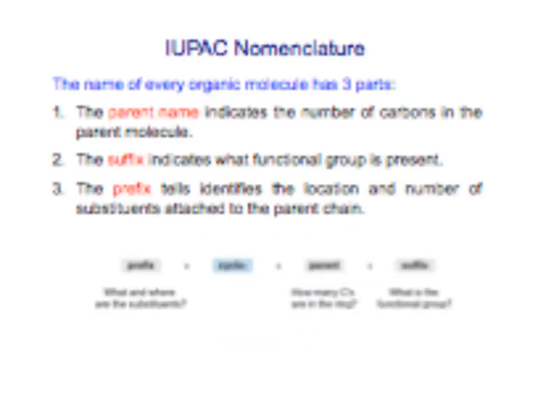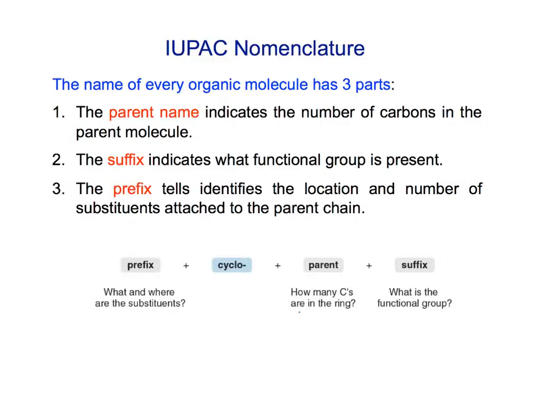As far as the general name layout, we're going to follow just like we did for alkanes. The only difference is that for the parent, we have the number of carbons, and we're adding cyclo onto that parent. Otherwise, we'll still have ane as the suffix for a hydrocarbon having only single bonds, and we're going to have our different substituents.